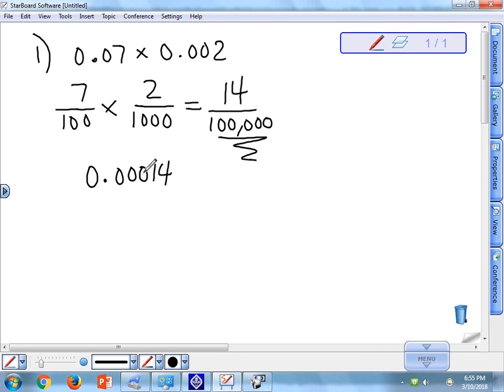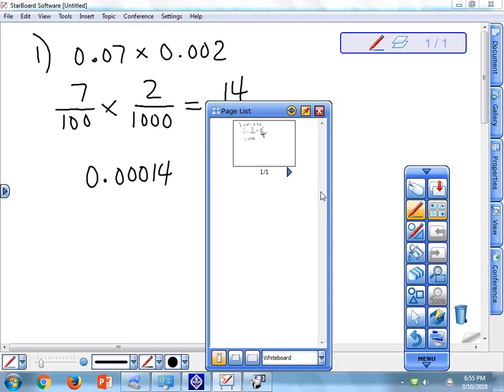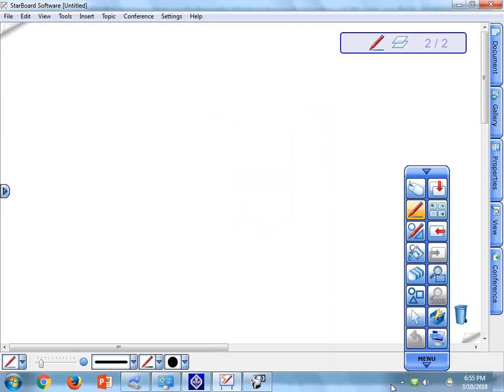Let's take a look at another example, a little bit more complex than the one we just did. So let's add another screen here, new page, and let's do this example. 75 and 14/100ths times 2 and 5/10ths.